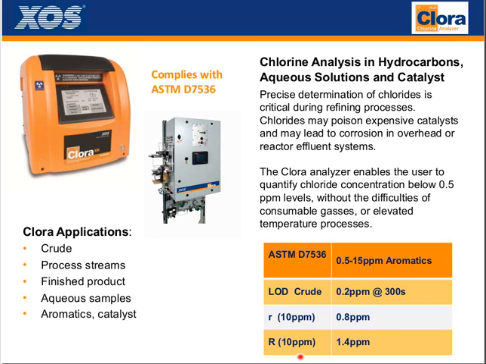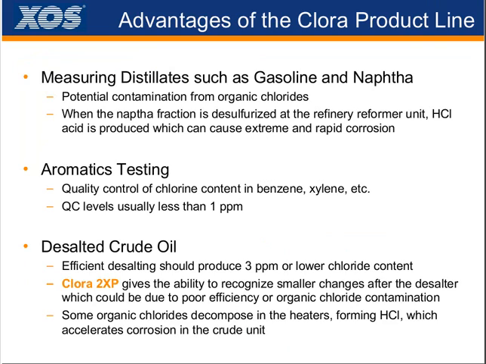So very good numbers for the applications that we've been in over the years, such as the crudes and the process streams. But there has been an emphasis on doing better on that and getting lower and lower, and I'll touch on how we've improved on that shortly.